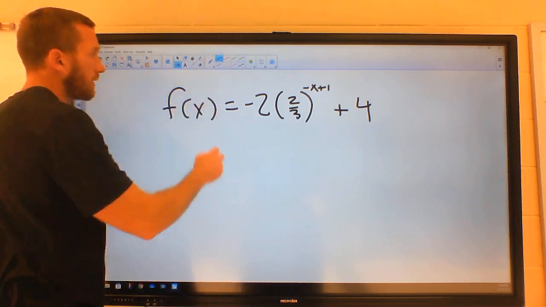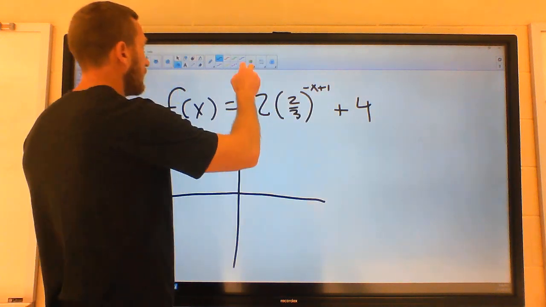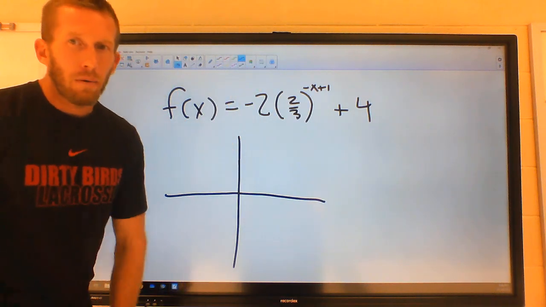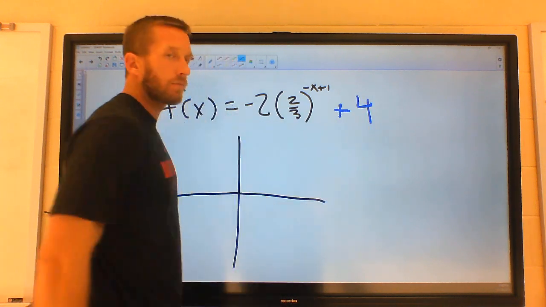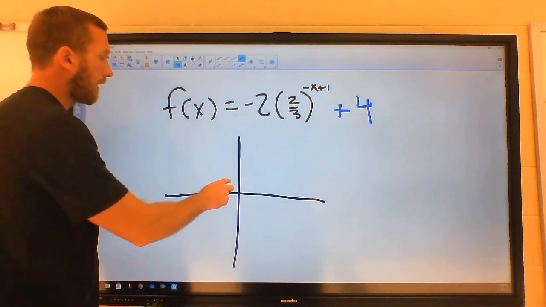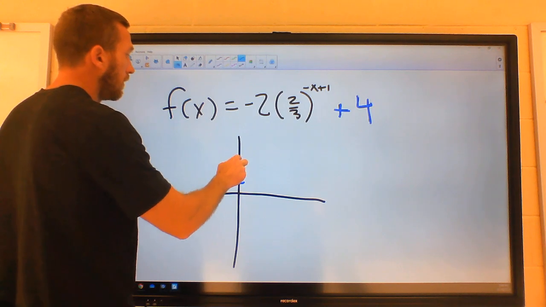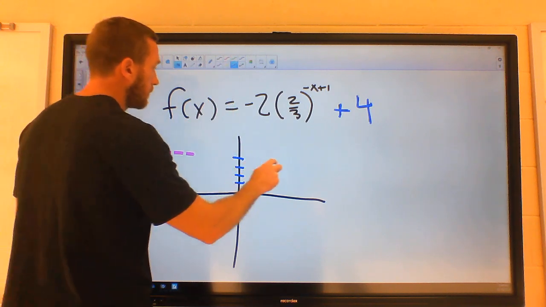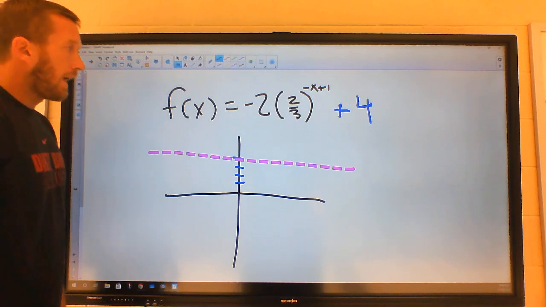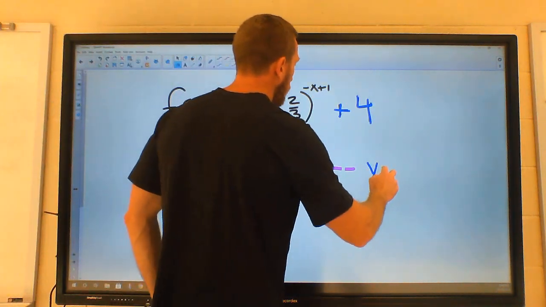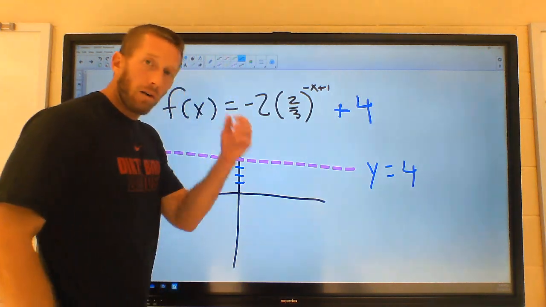And that's why I'm teaching you step by step the ways to think about this. And today, the only step I'm asking you really to know is, hey, that's plus 4. Okay, so that means the height of our asymptote is at 4, right? And that means our equation for our asymptote is y equals 4.